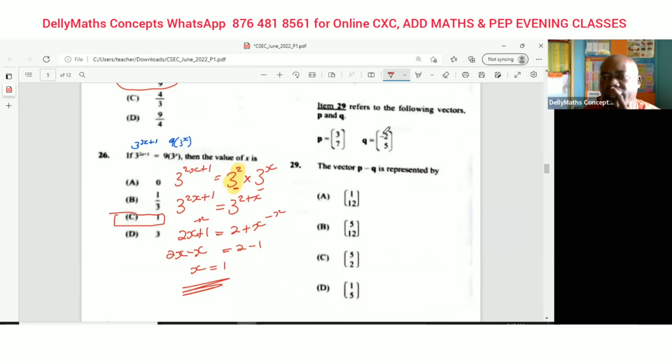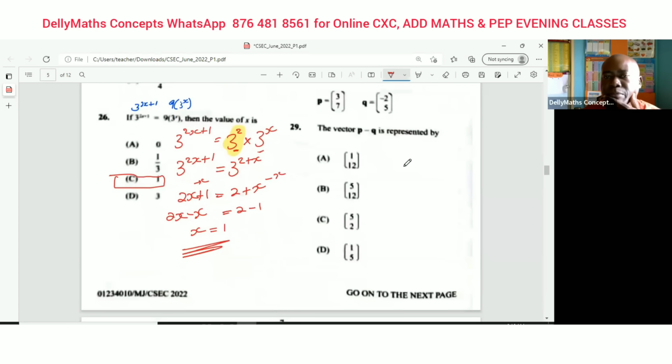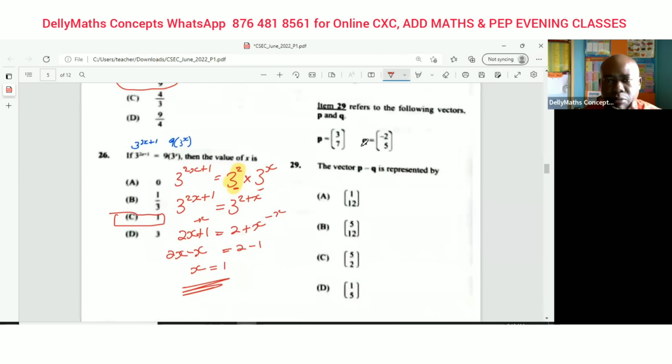So item 29 refers to the following vectors. We have vectors P and Q. When you subtract vectors, if I'm subtracting vector P minus Q, what we're going to do is add the inverse of the other vector, because in vectors you can't really subtract, as vectors keep adding distances as you walk.